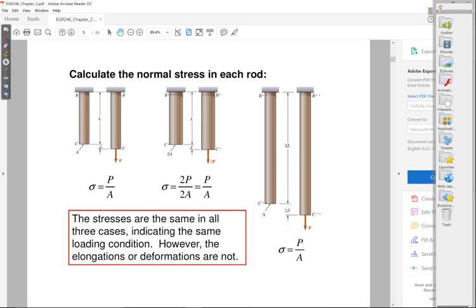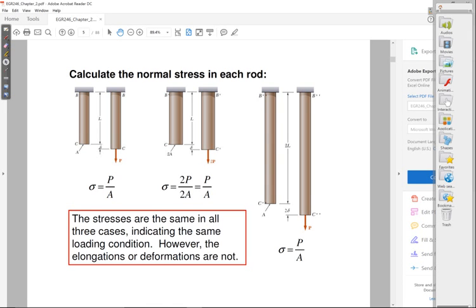All right, and what you can see is that you apply the same stress in all 3 cases, correct? We said we apply a force P in the first column, we had an area of A. In the second column, we applied a force of 2P in order to get the same deformation, and we had twice the area. So sigma, again, is P over A, because I have 2 on both the denominator and the numerator.